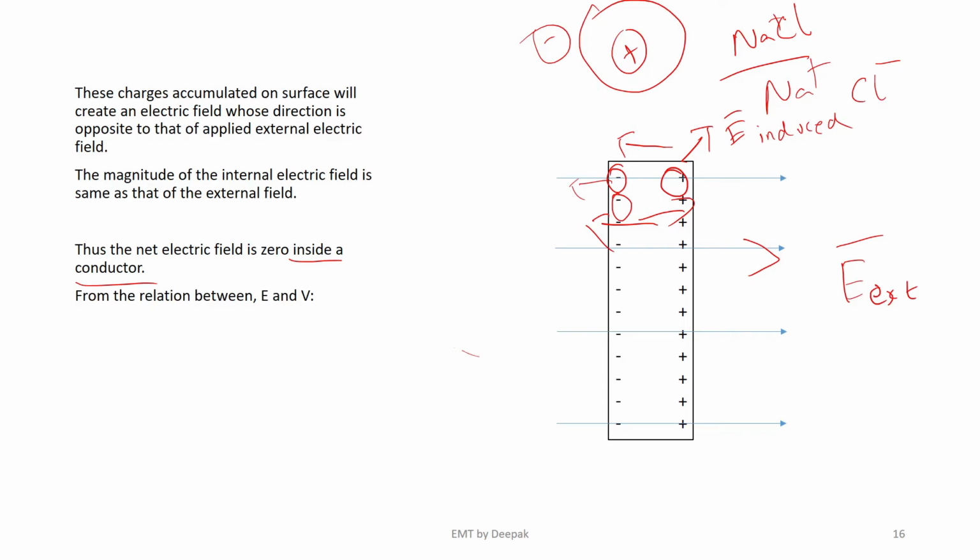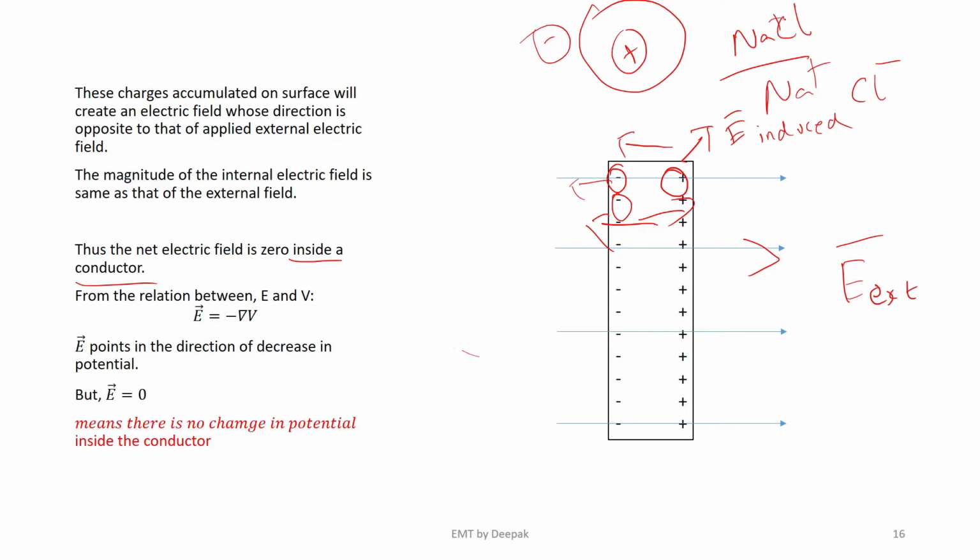From the relation between E and V, E always points towards the decrease in V. When E bar is 0, that means V is constant. Hence, conductors are also called equipotential. Right? I hope this is pretty clear.